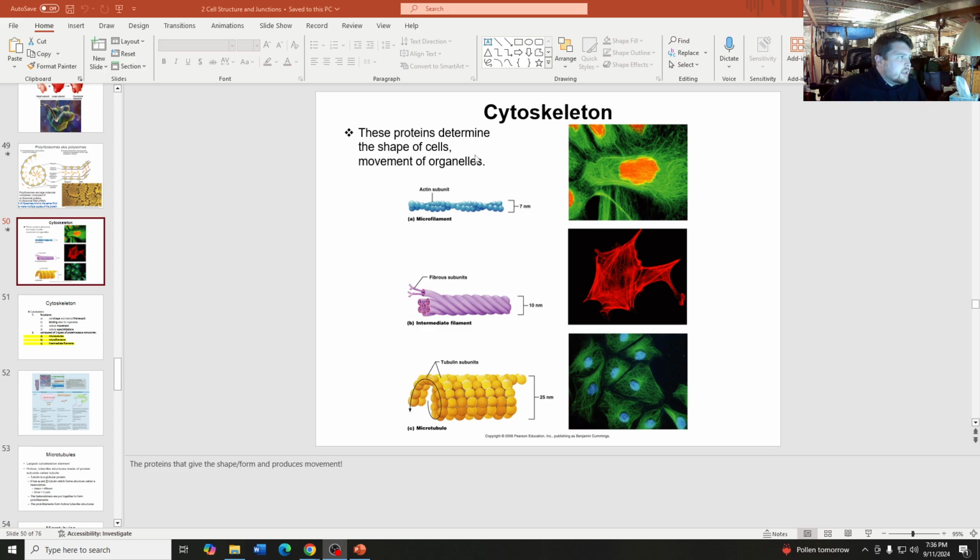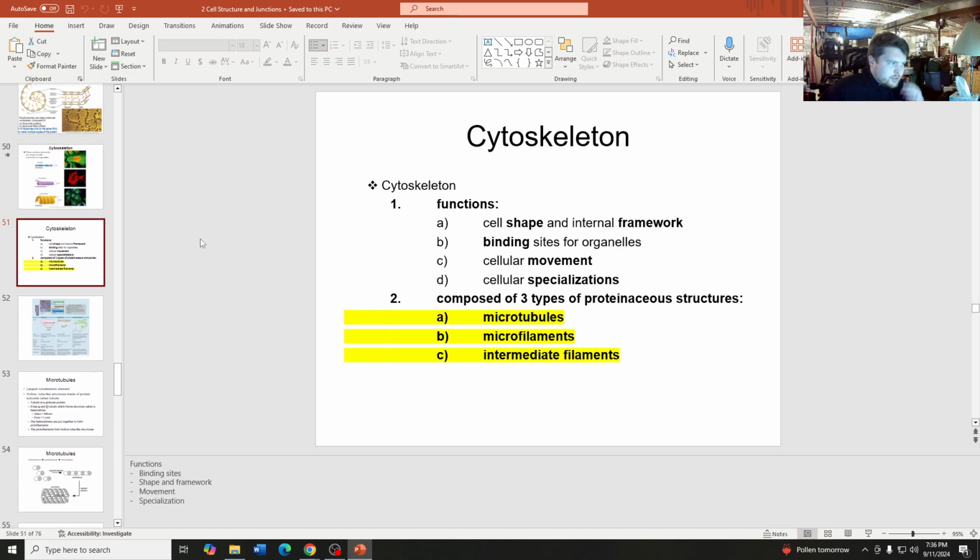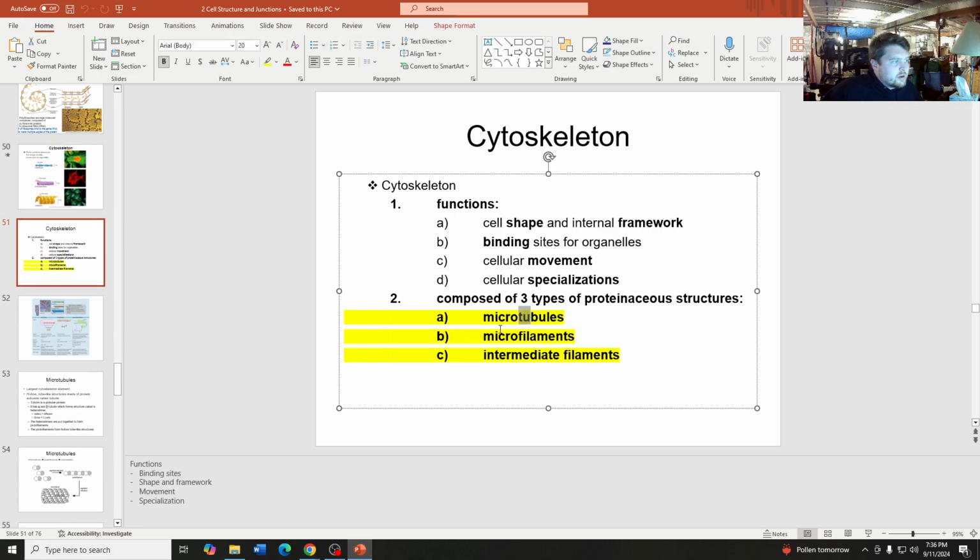So the cytoskeleton is responsible for shape and movement of the different organelles. We're going to look at microfilaments, intermediate filaments, and microtubules. These are the three protein type structures that we're looking at when we talk about the cytoskeleton. Within the cytoskeleton, we want to know those functions.